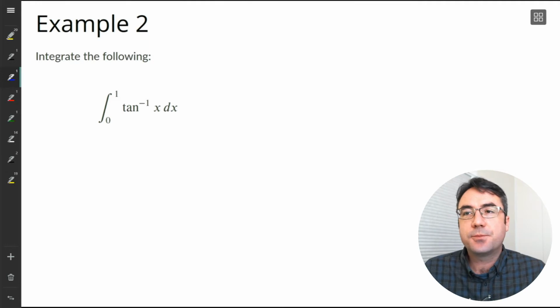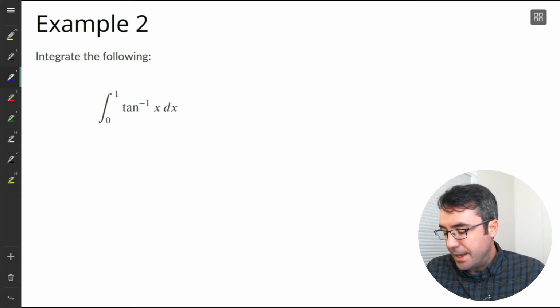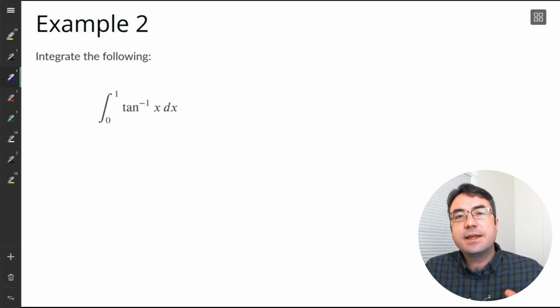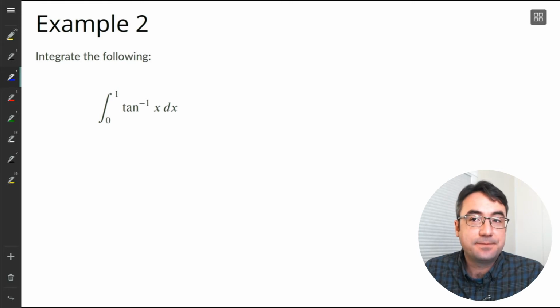So for this one, we're going to integrate the inverse tangent function from 0 to 1. And this is an inverse function. So we looked at an example similar to this in one of our indefinite integral lectures, and that was where we saw how to integrate natural log.